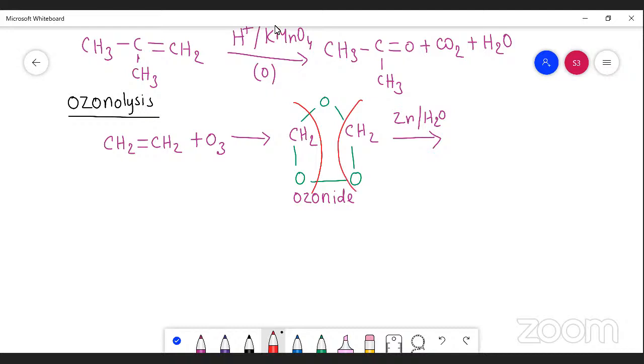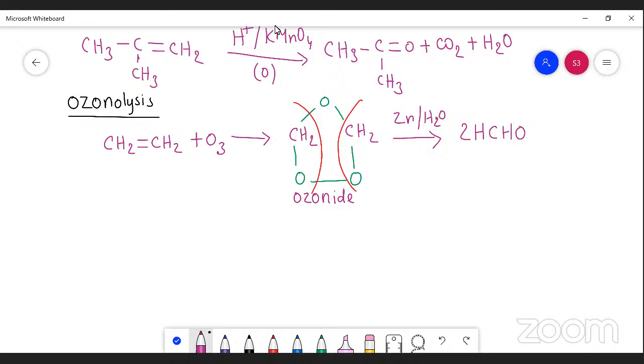CH2O is nothing but HCHO, so we get formaldehyde, that is two molecules of HCHO. Formaldehyde is the final product, and this oxygen will be liberated as hydrogen peroxide.